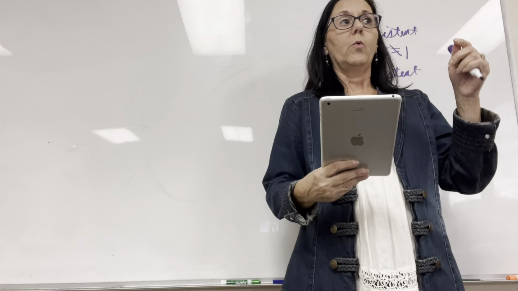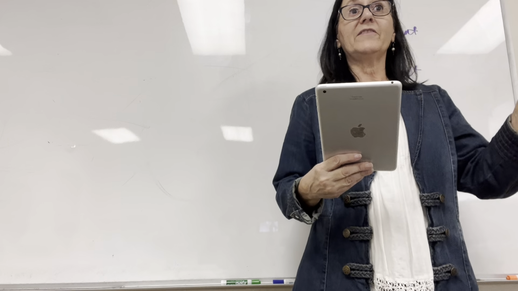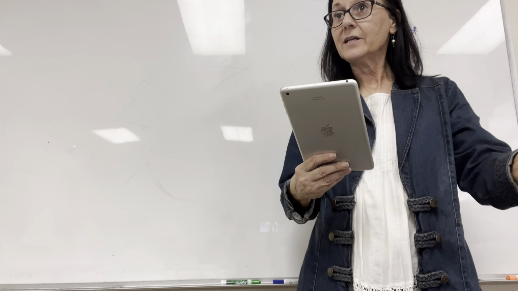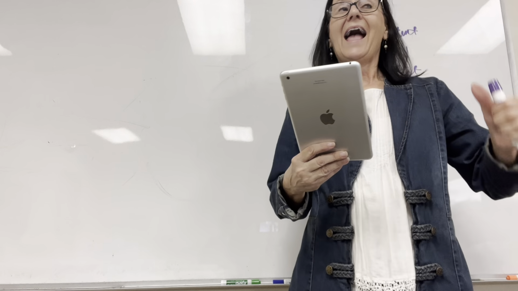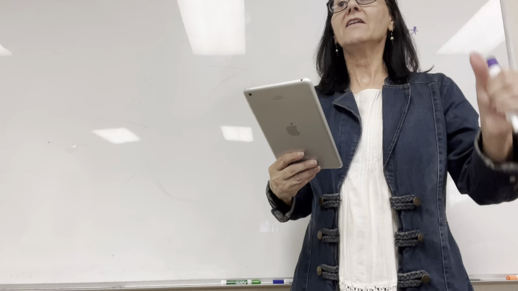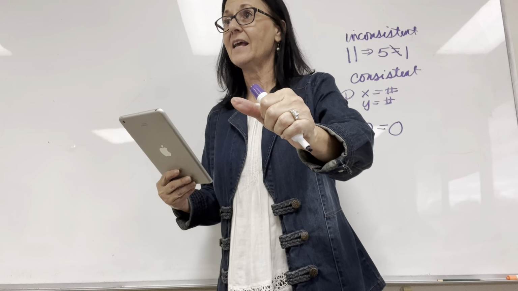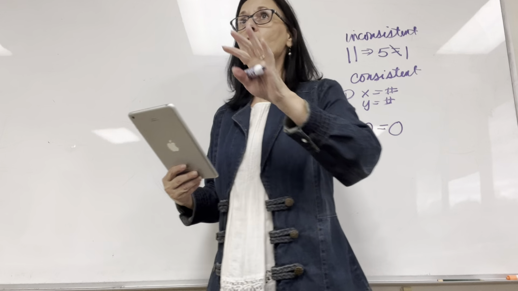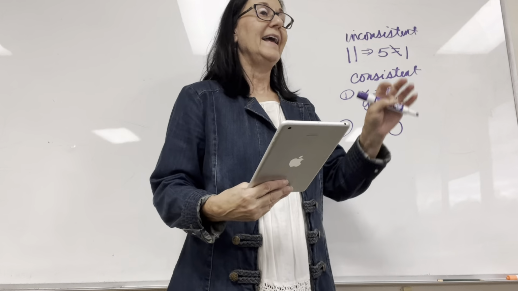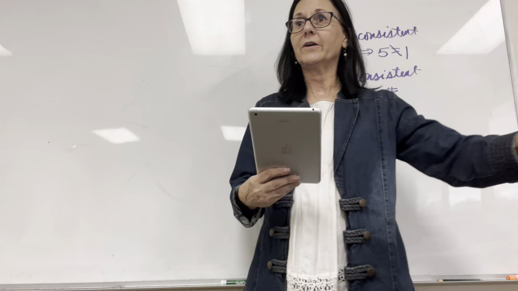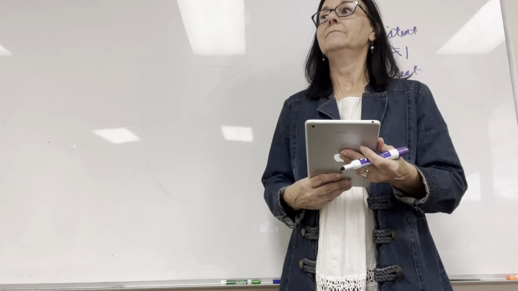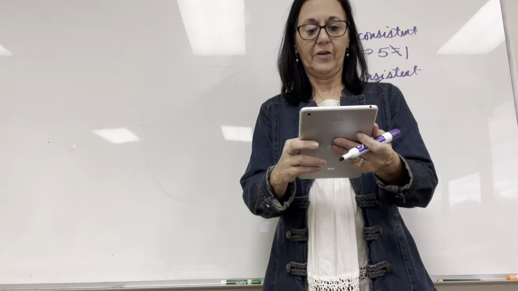Or when you have 0 equals 0, you have the exact same equation. They're consistent at every point, and there's an infinite number of solutions because every xy coordinate in one equation is equivalent to the xy coordinate in the second equation. Does that make sense? Should feel like a little review.